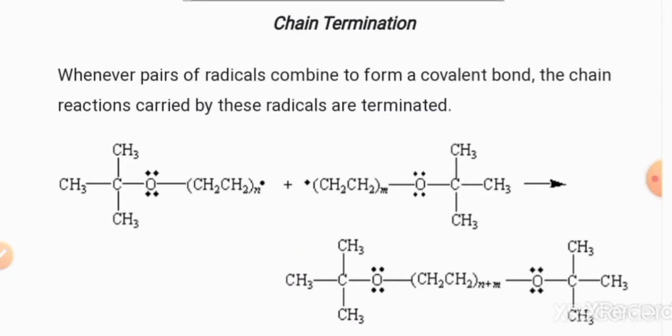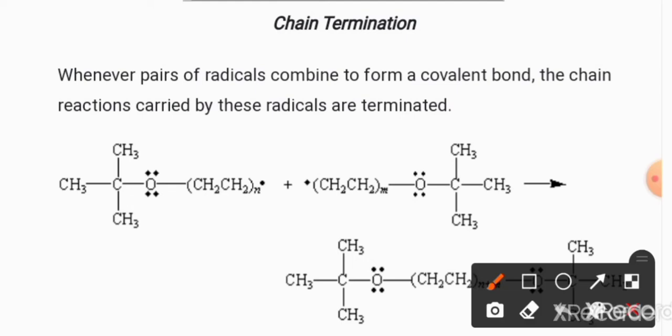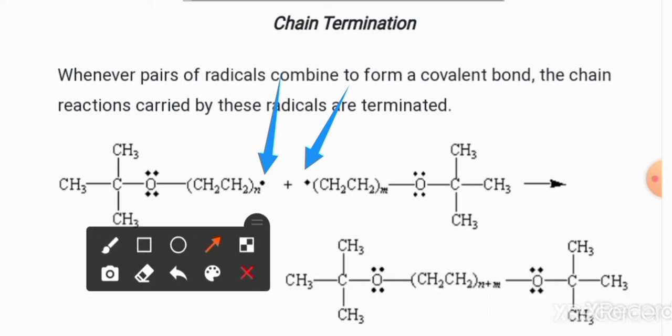In the chain termination step, the bigger free radical molecules combine with each other in a head-to-head manner or tail-to-tail manner. You can see these free radicals, with the help of these two electrons, get joined with each other to form a polymer.